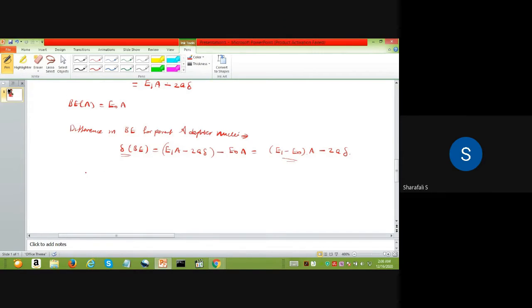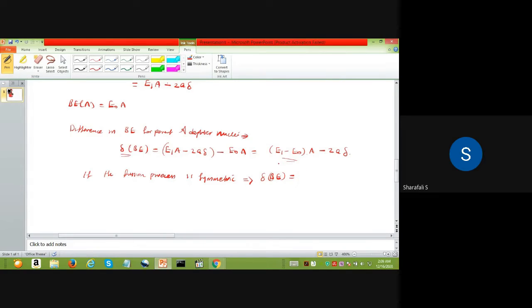So if the fission process is symmetric, or you can just say that if it is a symmetric fission process, this implies the delta in binding energy. What will that be?